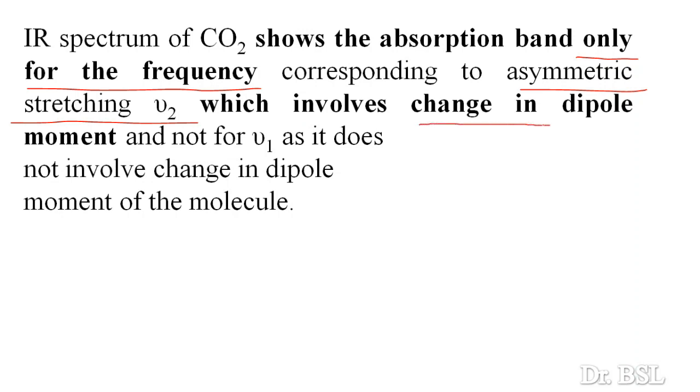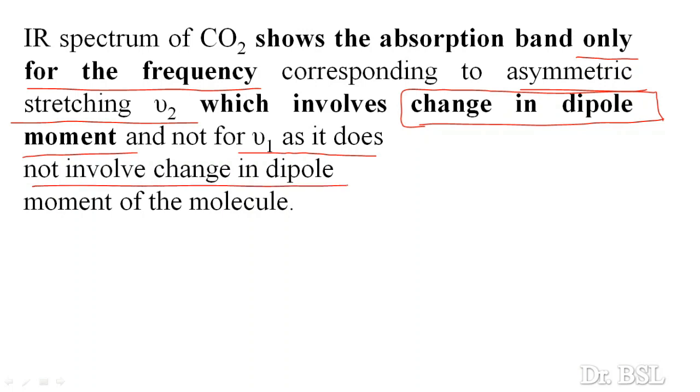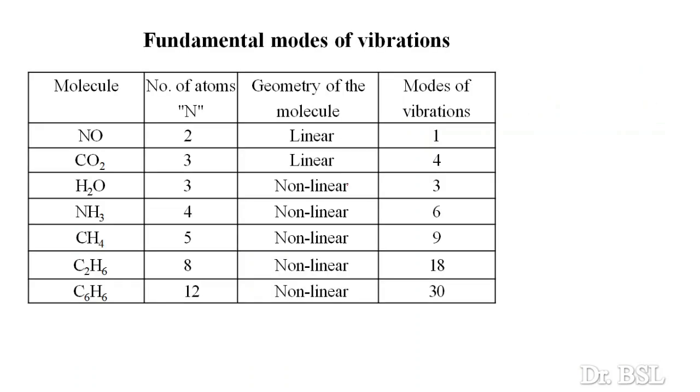Because it involves change in dipole moment, and only those vibrations which involve change in dipole moment can be observed in IR spectrum. Whereas nu1 is not observed in IR spectrum because it does not involve change in dipole moment of the molecule.